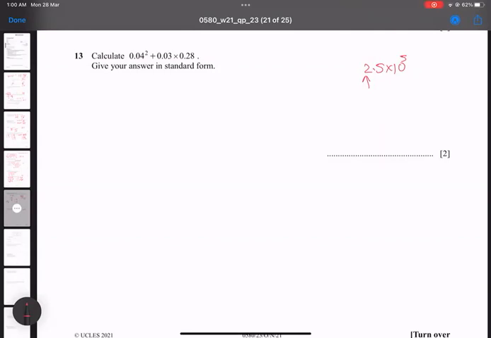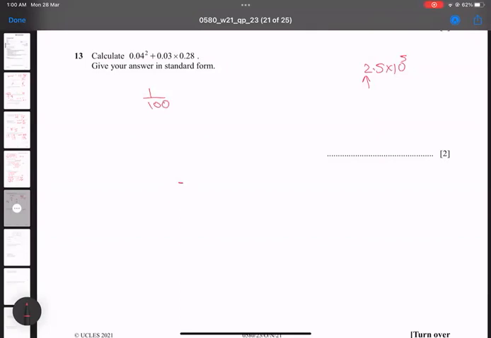Otherwise, we will work it out. So let me check: 0.28, 0.04 to the power 2 plus this one, I'm getting 1 over 100. So if I multiply them, I get 1 over 100.